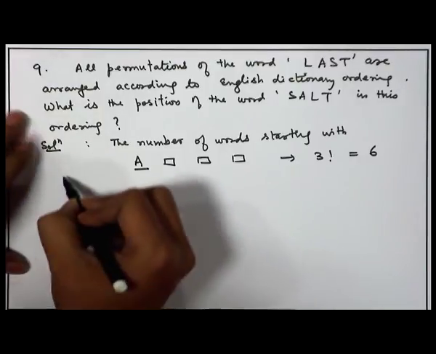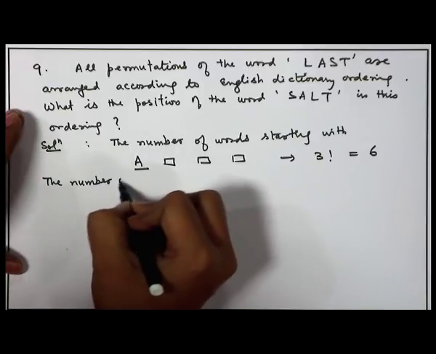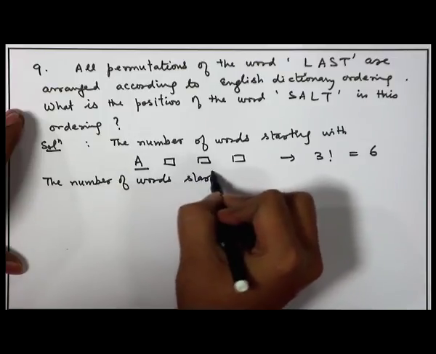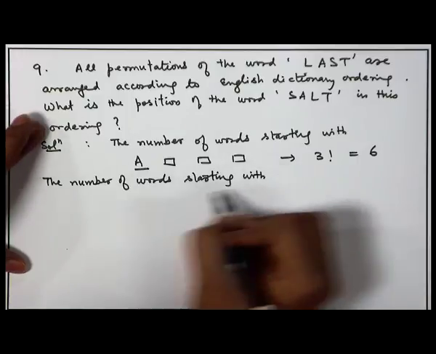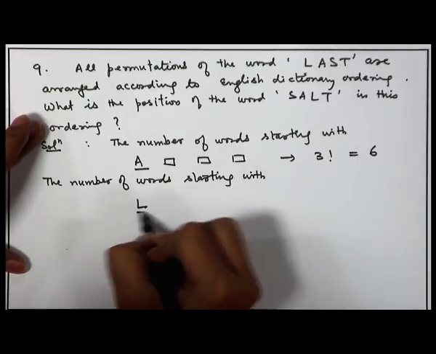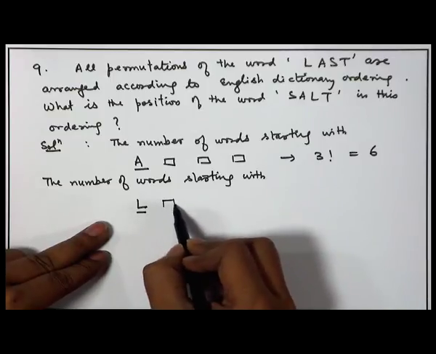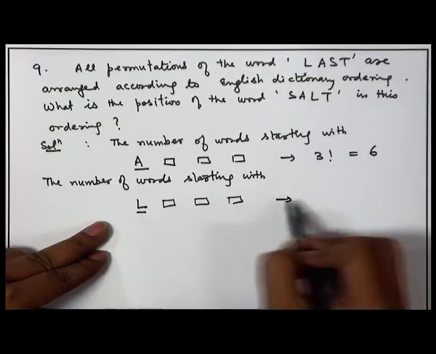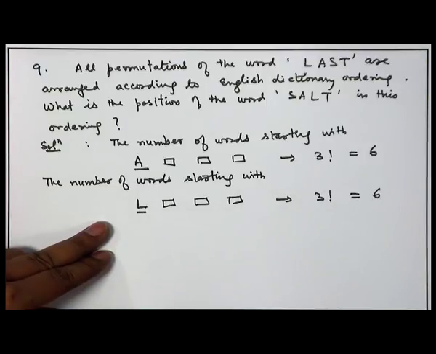Now, the number of words starting with L. If we keep L in the first place, then A, S, T can be permuted again in 3 factorial, that is 6 ways.